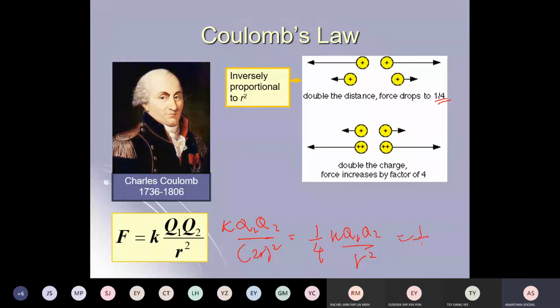So the force becomes a quarter F, as stated here. When the distance doubles, the force becomes a quarter. When the charge is doubled, the force increases by a factor of 4. Instead of Q1 unit, now you put 2 units for both, and the force increases by 4 times, 4F.